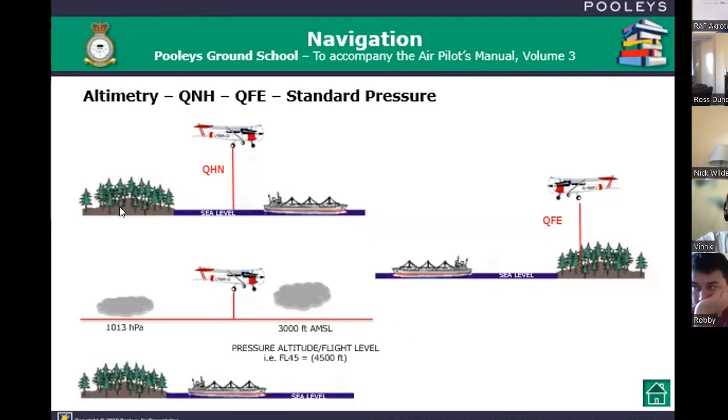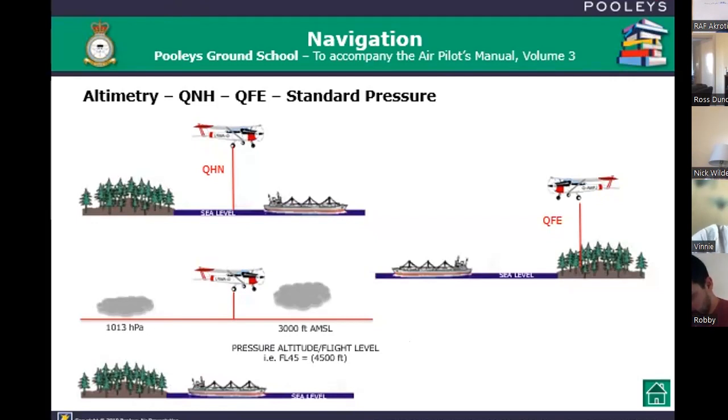So this is just a recap of QNH and QFE, which we've talked about, and of course flight levels, where it's relative to 1013.